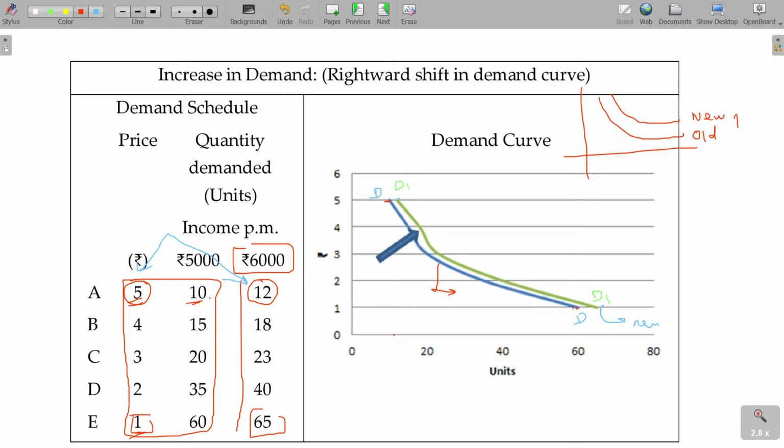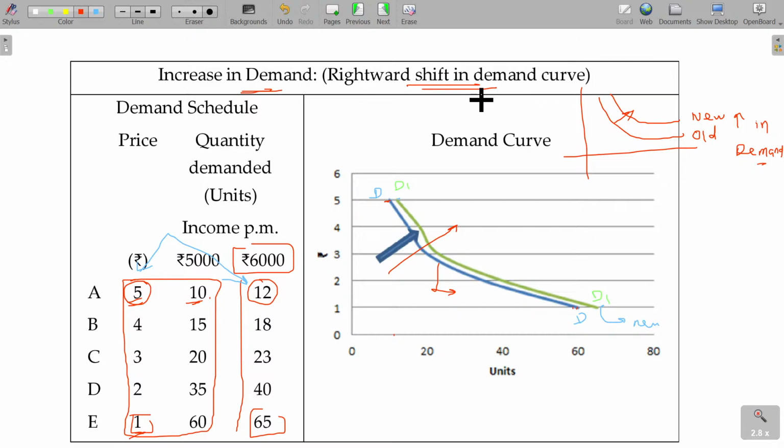This is due to an increase in what? Increase in demand. This is not increase in quantity demanded, this is called increase in demand. The increase in demand shifts the curve to the top, the curve moves to the right side. Rightward shift in demand curve.